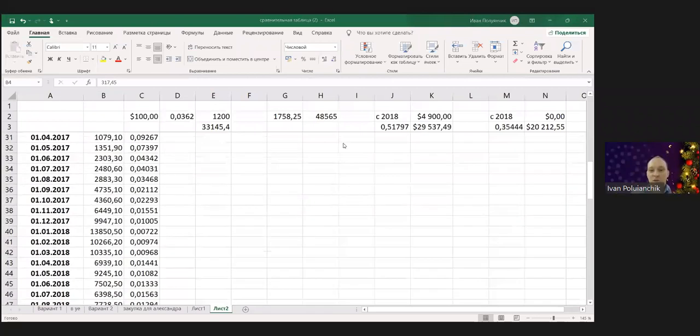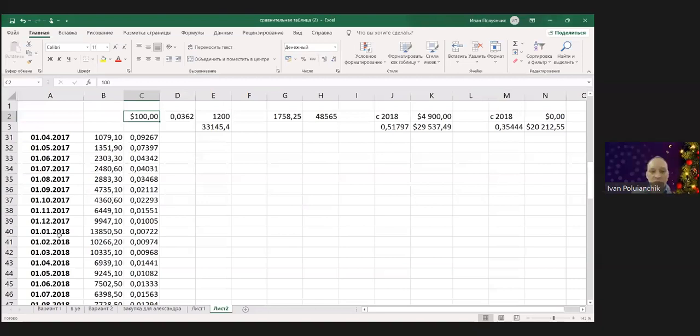So I calculated that if starting from January 2018, a person would start buying every month $100 worth of Bitcoin. And in 2017, everyone knew about Bitcoin, heard about it.